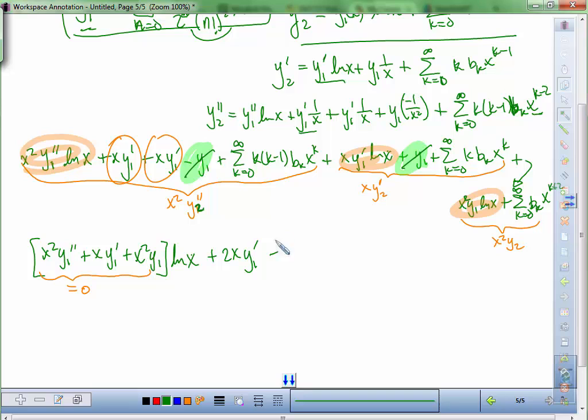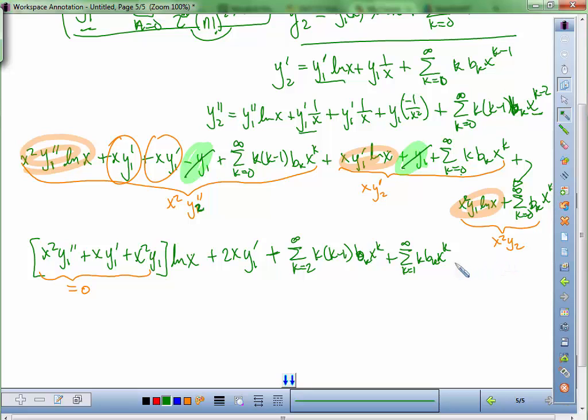Plus. Can we put this together? Let me just rewrite it first. The sum for k from 2 to infinity of k minus 1, bk, x to the k, plus, I'm going to start this with 1, the sum for k from 1 to infinity of k, bk, x to the k, and this is the one with a different power.